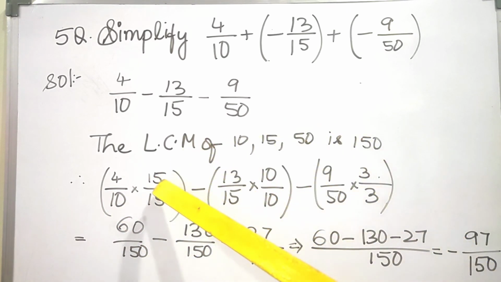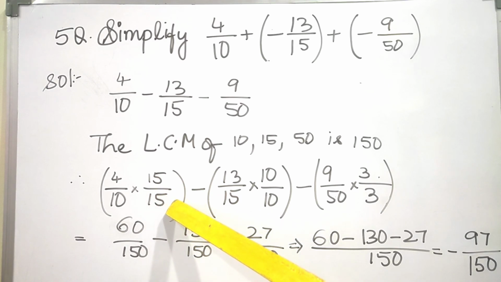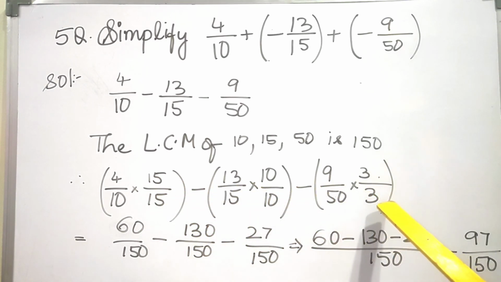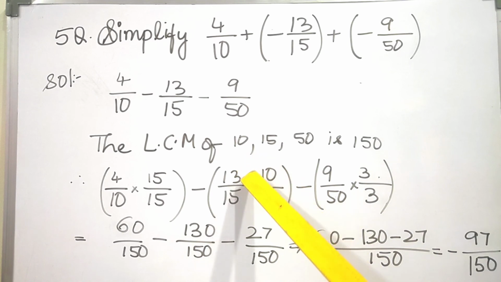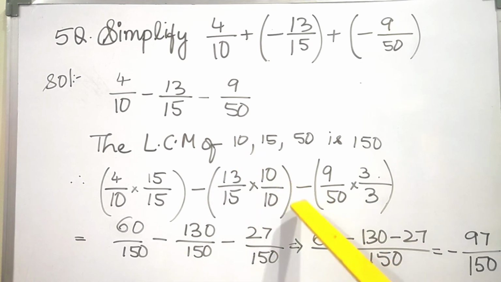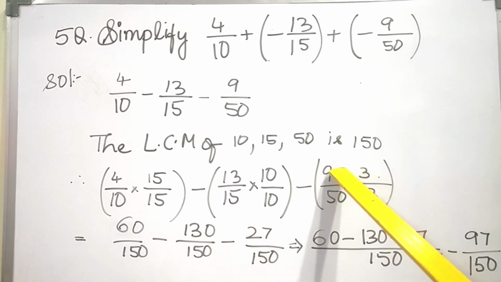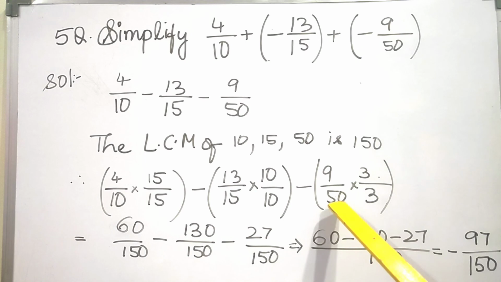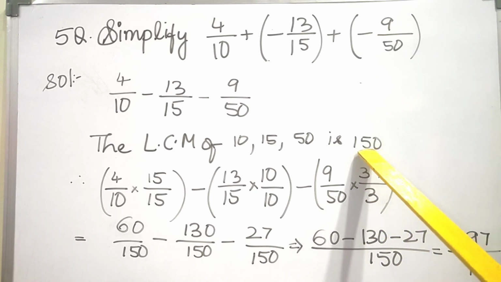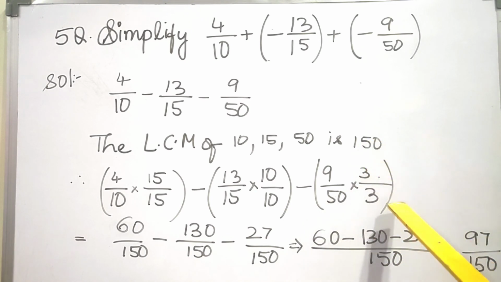So we are multiplying this 15 in the numerator and also in the denominator. The same way goes with all the other rational numbers. Now 13 by 15 into 10 by 10, like 10 by 10 in numerator and in denominator. And the same goes with 9 by 50 also. 50 threes are 150, so multiplying in numerator and denominator.